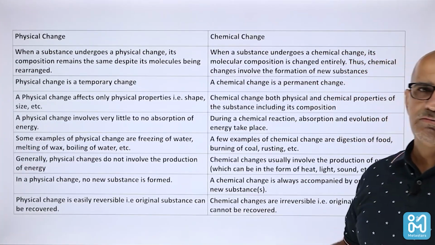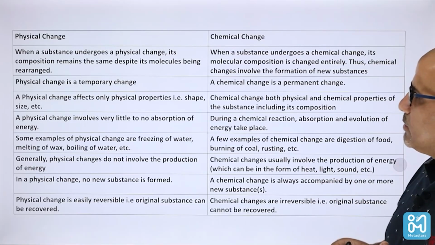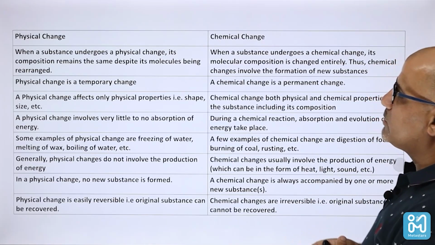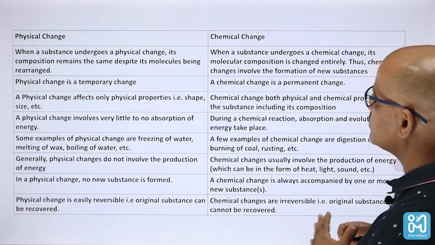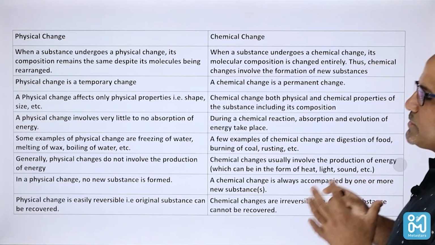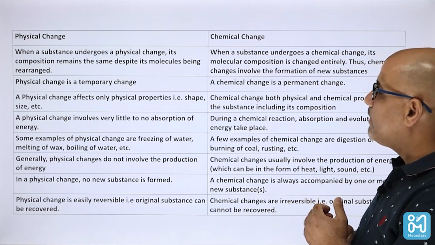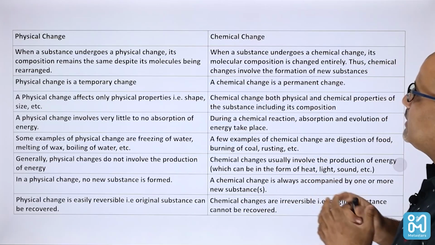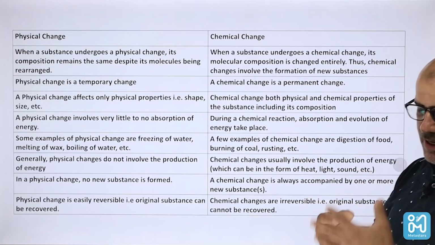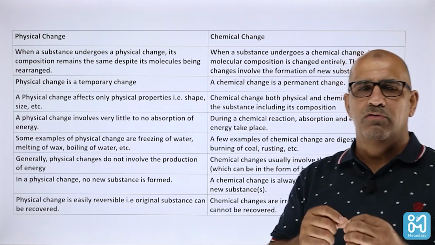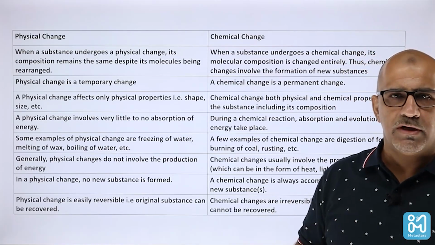The main differences between the physical and chemical change. In a physical change, when a substance undergoes the physical change, its composition remains the same despite its molecules being rearranged. For example, changing water from ice to liquid.